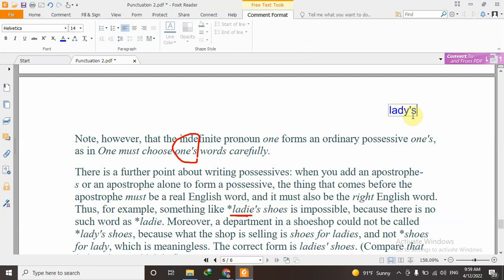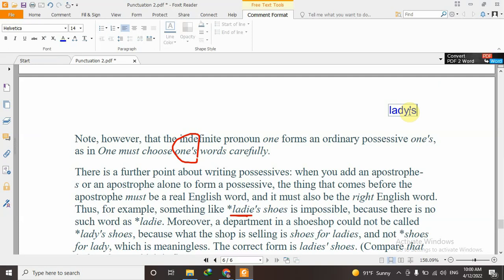Now, this is the first one. Let's come to ladies. Can we imagine that when we say the ladies' shoe, not shoes, we are talking about one shoe on her foot? But I also can't say ladies shoes.